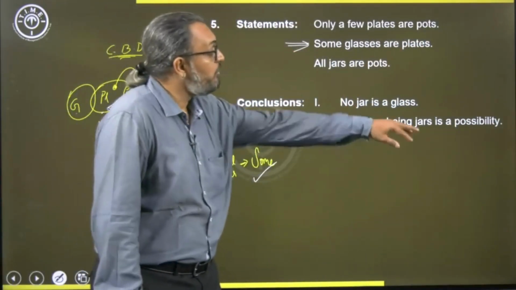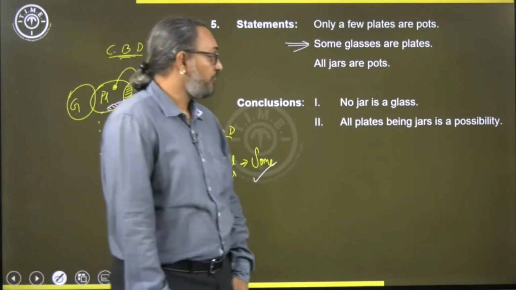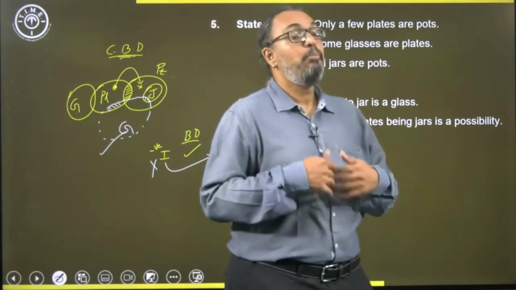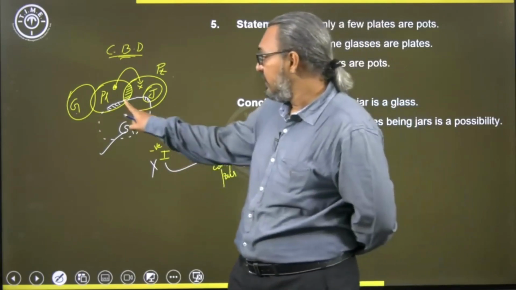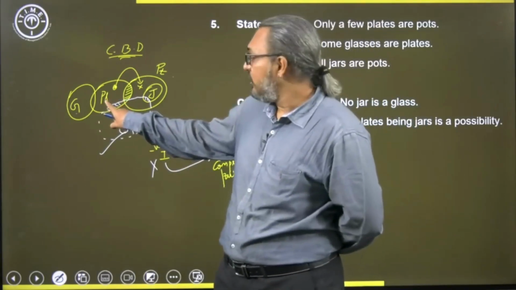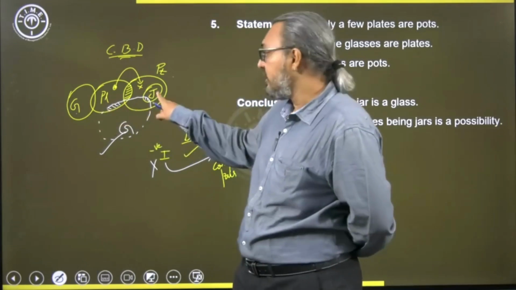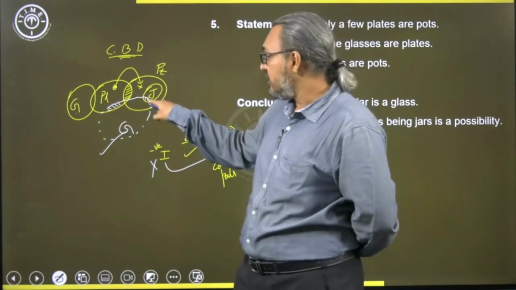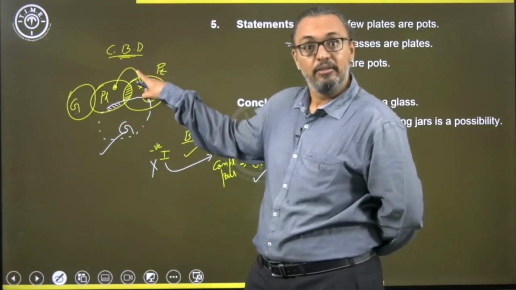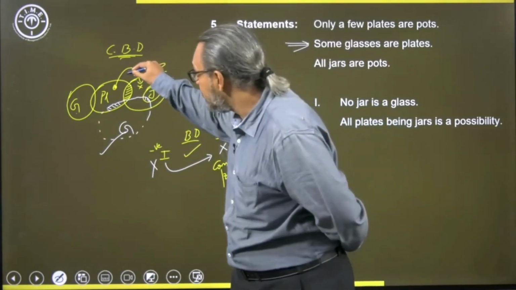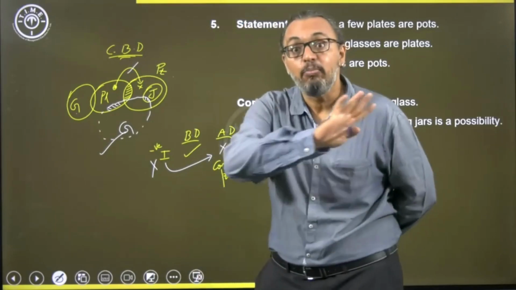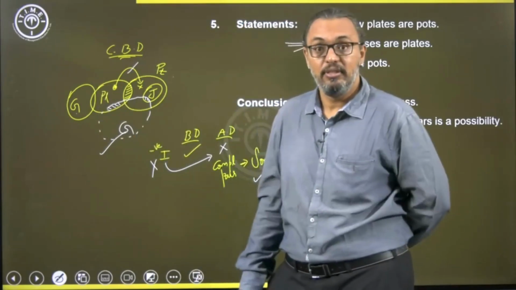All plates being jars is a possibility. All the plates being jars. Now check here. If I take the complete plate, that is PL, and put it inside a jar. Now jar is already inside pot. So that means plate will also go inside pot. But what is it that I have here? Complete plate cannot go inside pot.